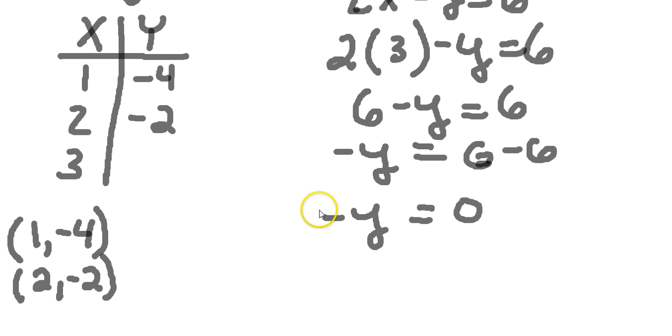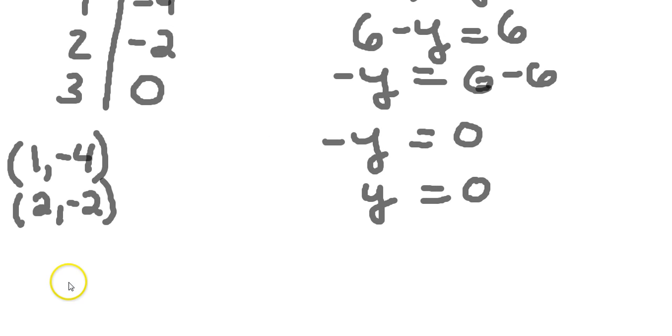Since it's equal to 0, we multiply each side by negative 1, and y equals 0. We go back and put that in our table next to the 3 under our x column. In our y column, we put a 0. So that ordered pair is 3, 0, and we have all 3 of our ordered pairs.